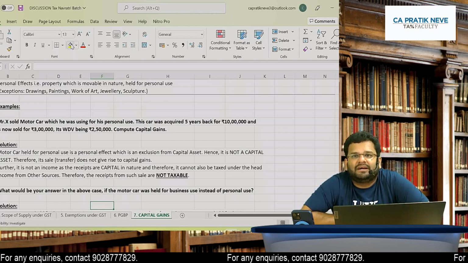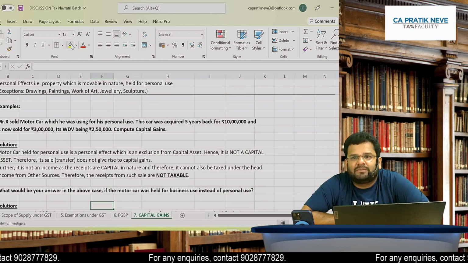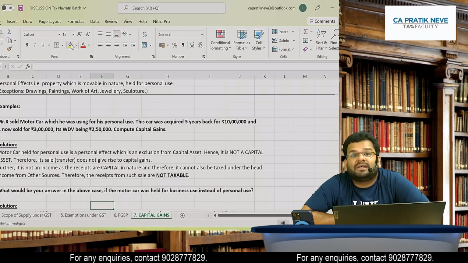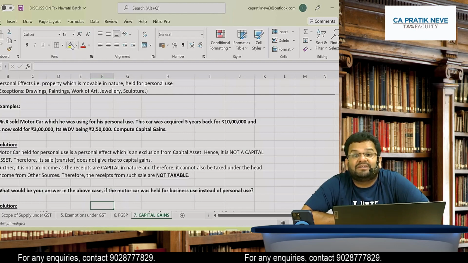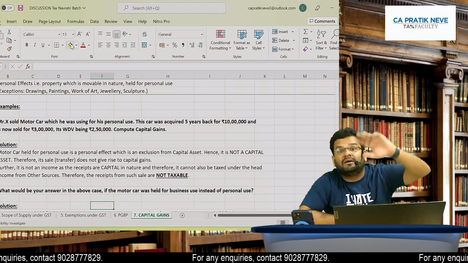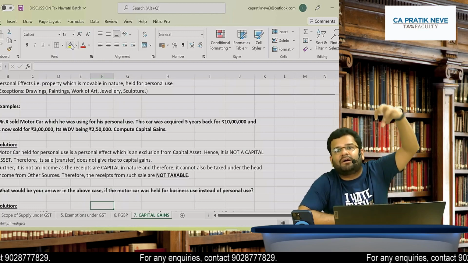Jewelry, drawings, paintings, work of art, sculpture, all these things, they will become capital assets, because they are exceptions from personal effects. Personal effect is excluded from capital asset, but exception to personal effect is jewelry. So in short, jewelry will become capital asset.